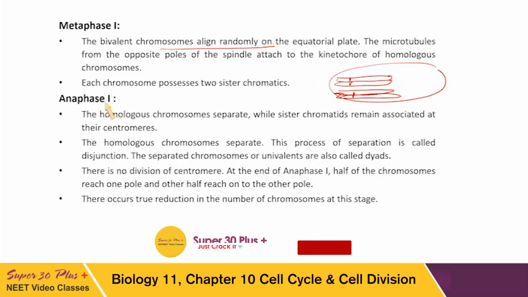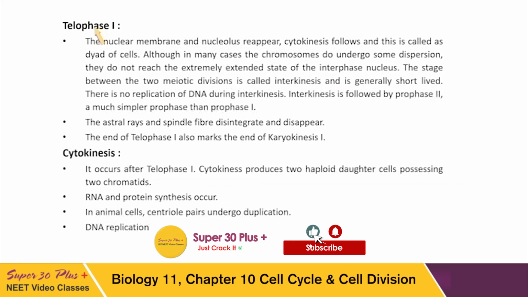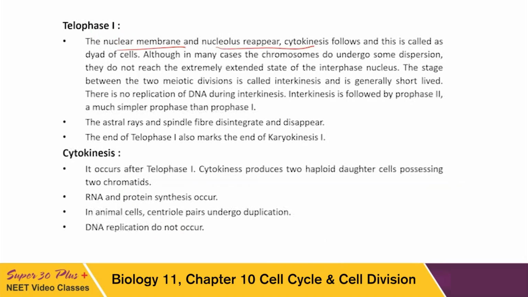In anaphase, and then telophase, the same thing we have here, the opposite of prophase. The nuclear membrane and nucleolus will appear, followed by cytokinesis. The chromosomes do undergo some dispersion; they may or may not. An extremely extended stage is never achieved.